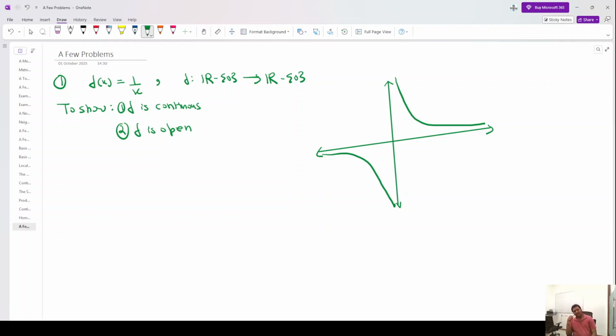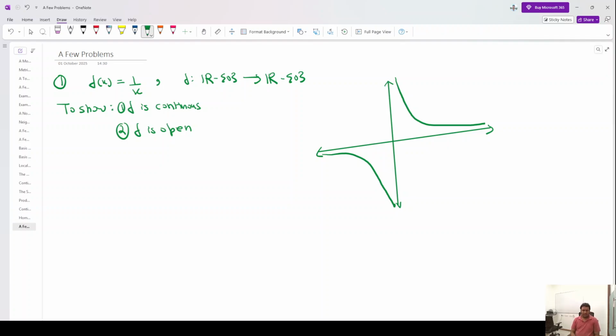If you remember, we haven't proved it, but I have given you as an exercise: even if you pull back, or take the inverse image of, basic open sets and check whether these are open or not, it is sufficient to see if something is continuous or not, right?